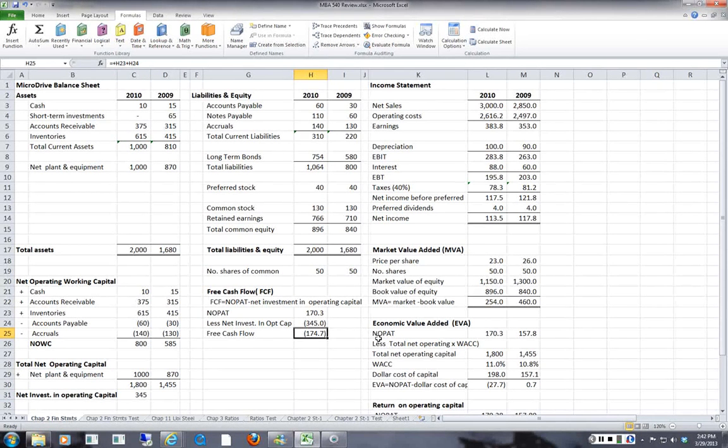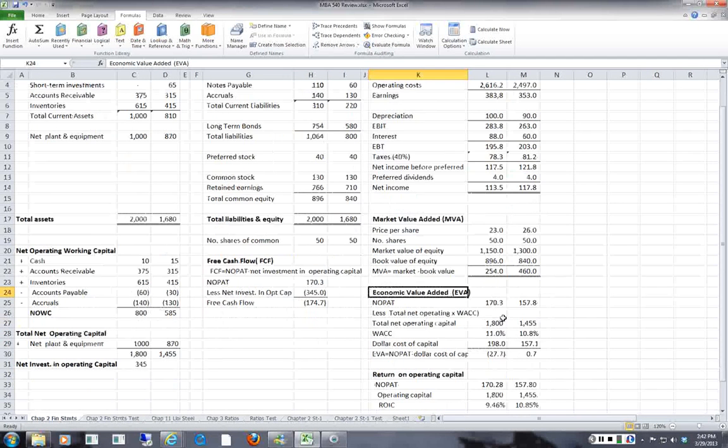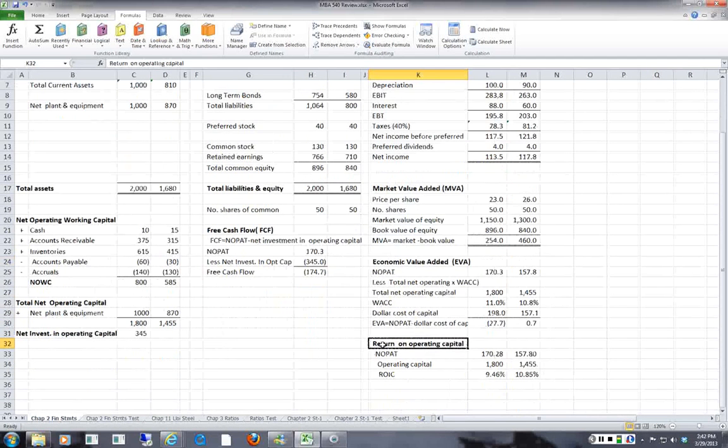Now, what we're going to do with that, we're going to go over here to economic value added. First of all, let's go down here to the return on operating capital, where we take NOPAT, which is 170.28, and 157.8 for the preceding year.